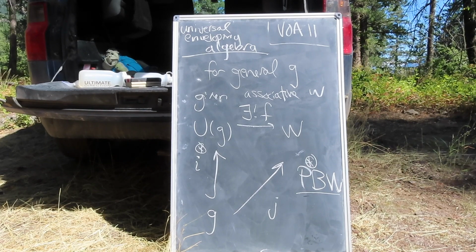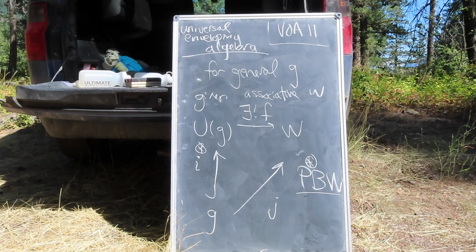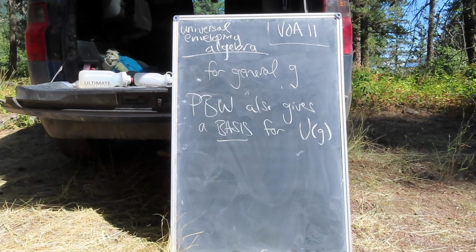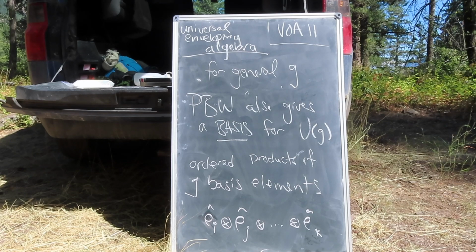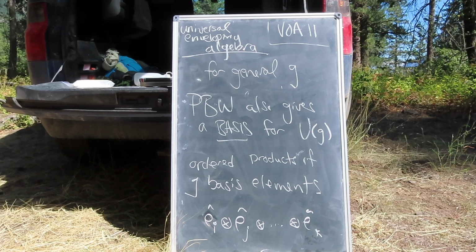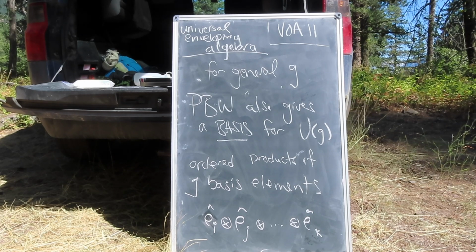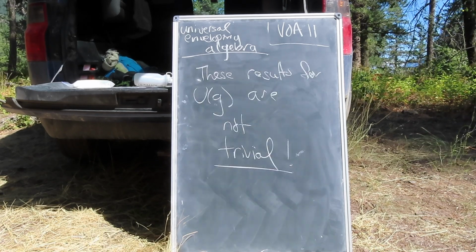First, it says that the canonical map from G into U(G) is injective. It also provides a basis for U(G), which can be modeled by ordered products of basis elements of G. So all is pretty much as you'd expect it to be, but fair warning, the construction is non-trivial.